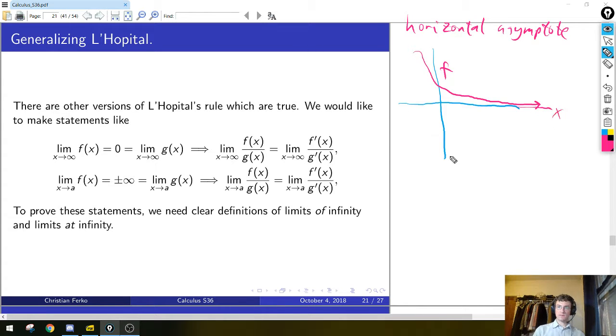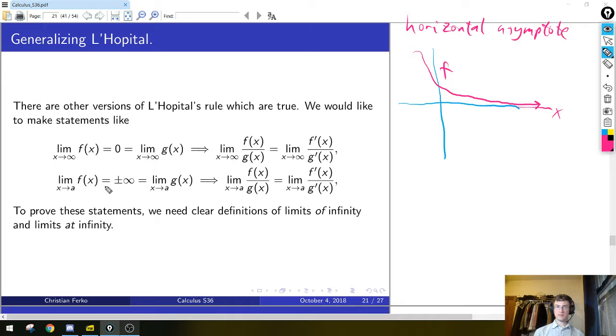So this idea of getting close to 0 as x goes to infinity is the analytical way of expressing this geometric notion that it has a horizontal asymptote that tends to 0. So if f and g have horizontal asymptotes, then, as it turns out, their quotient will also have a horizontal asymptote, which is given by the horizontal asymptote of the ratio of their derivatives. So it's another version of L'Hopital's rule.